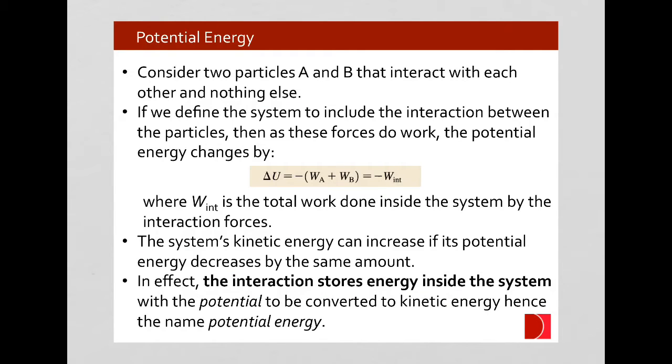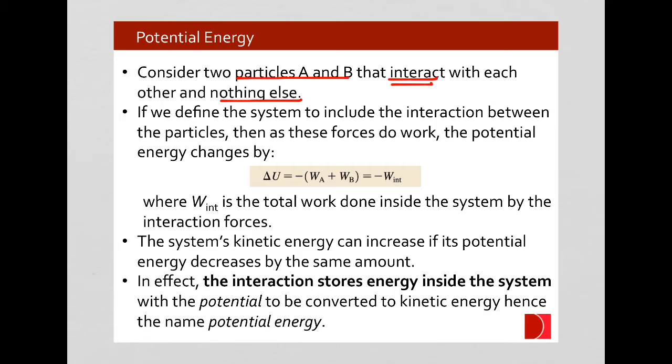We said that potential energy is what is affected when you have internal forces that are doing work on the system. That's what we have in this situation where we have two particles that are interacting with each other and nothing else.